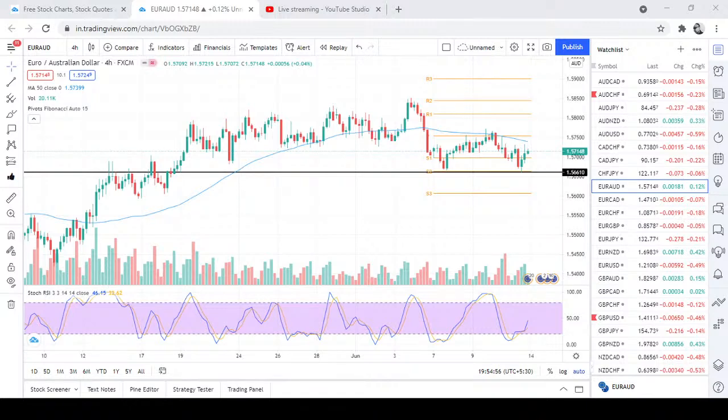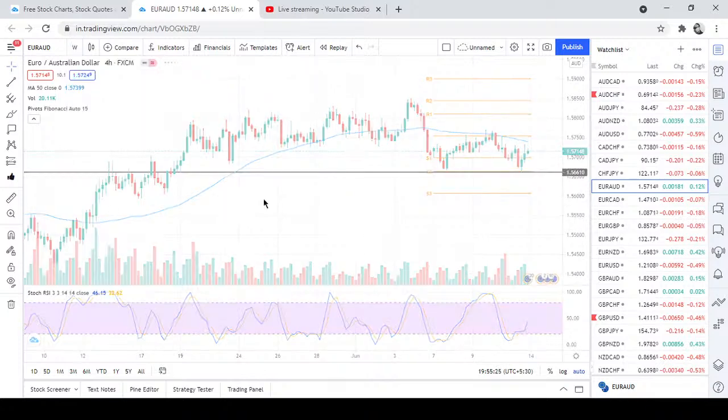But still I'm considering this as a support, because when the market fell with great pressure, this is the level that provided support. So this is not a crucial support, but once it got resistance from the 50 moving average, in case it shows signs of reversal on Monday after hitting the 50 moving average, then we can think of shorting the market.